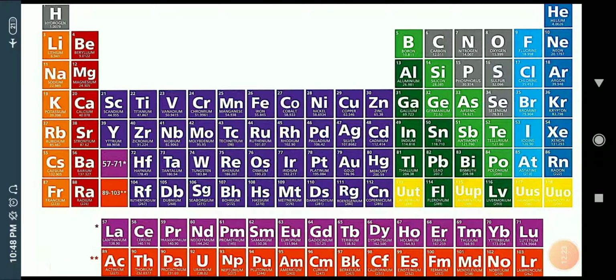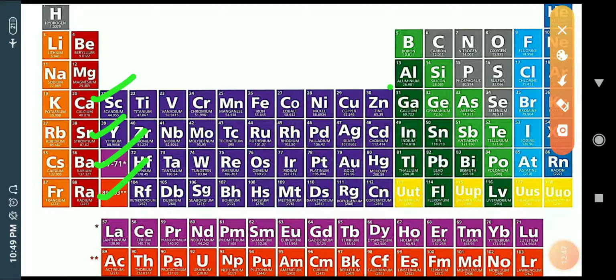Now listen, D block elements are divided into 4 series. The first series is called 3D, second 4D, third 5D, and fourth 6D series. All these series contain 10 elements.